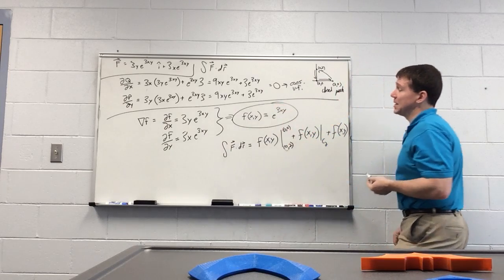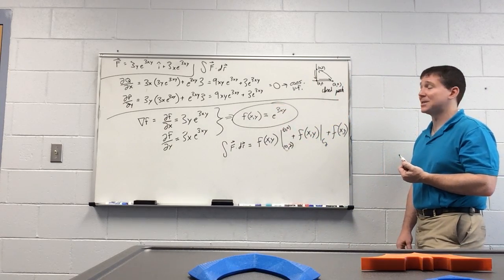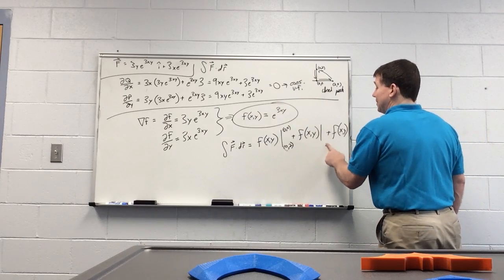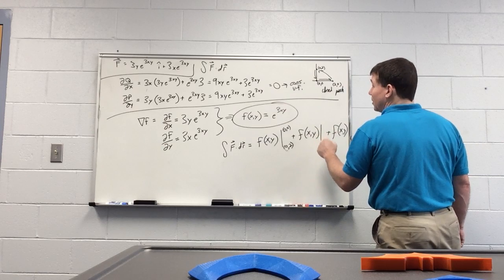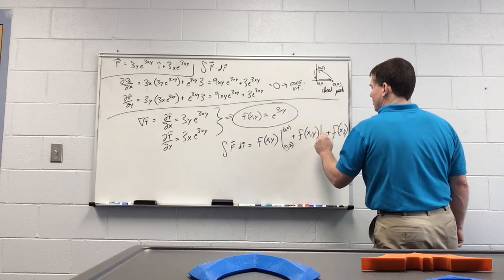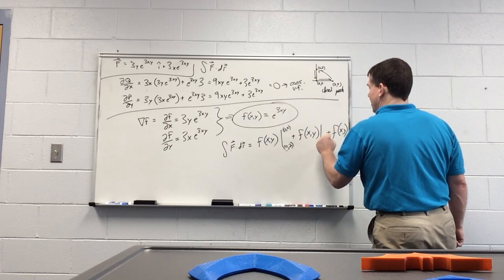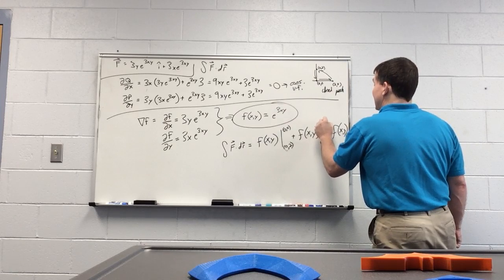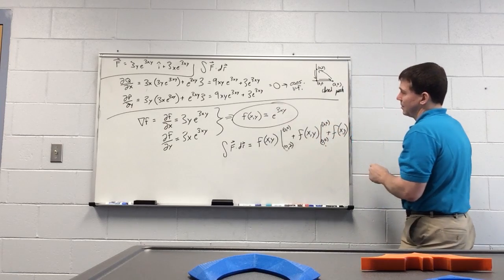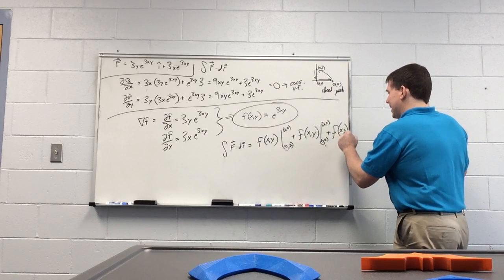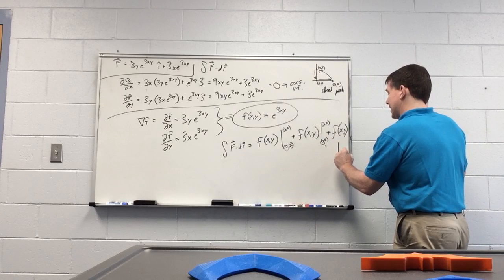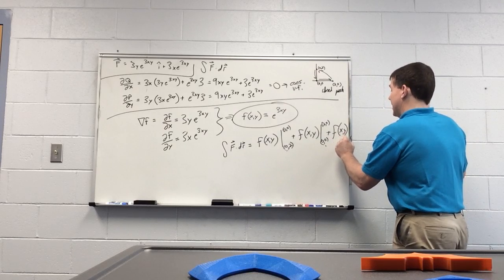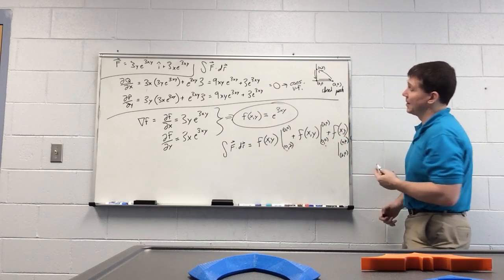I would just plug those into that potential function for x and y. But then I would do the same thing here. This one starts at (0, 0) and ends at (2, 0). And then this last one right here, I'm out of room, but it starts at (2, 0) and ends at (0, 2).